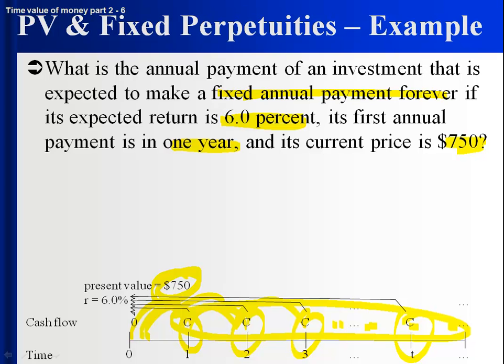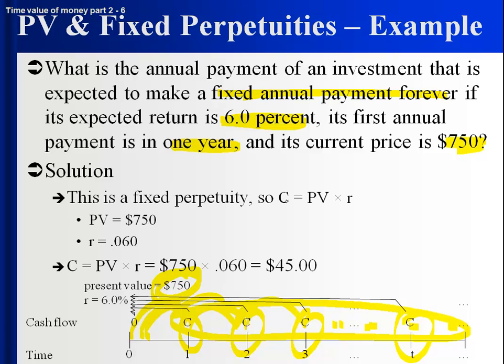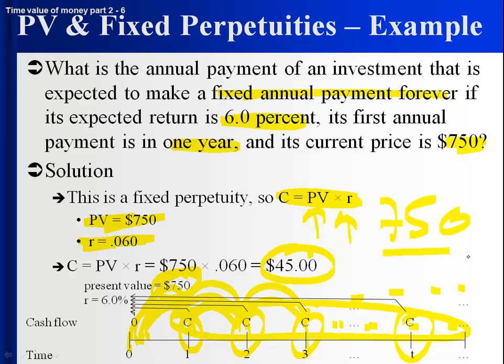So PV equals C over R. Do a little bit of algebra: C is equal to PV times R. We know that the value of this is 750. We know the expected return is 6%. Therefore, the cash flow that's expected every year is $45. 45 over 1.06 plus 45 over 1.06 squared plus 45 over 1.06 to the third, forever and ever, is equal to $750.